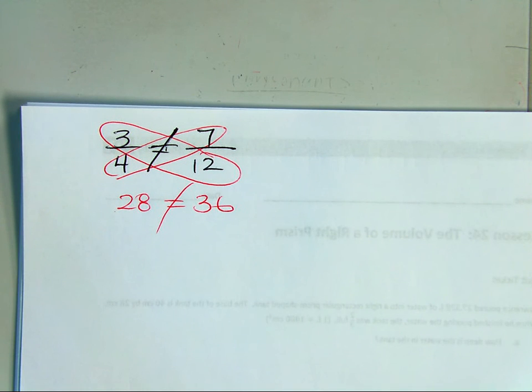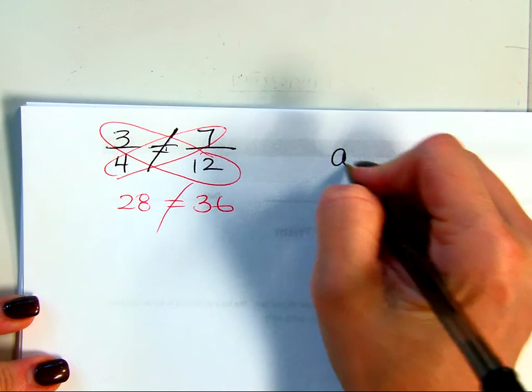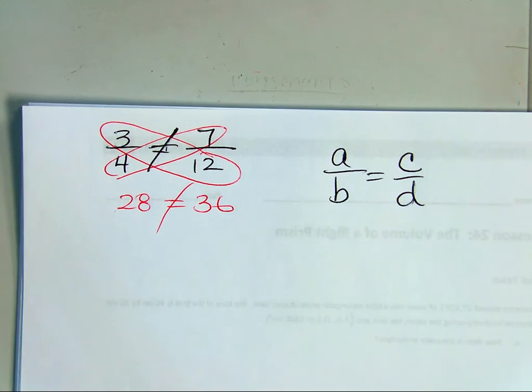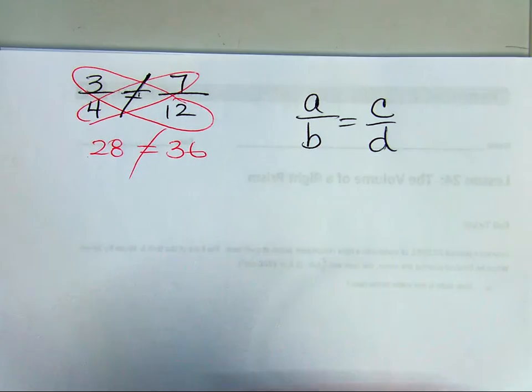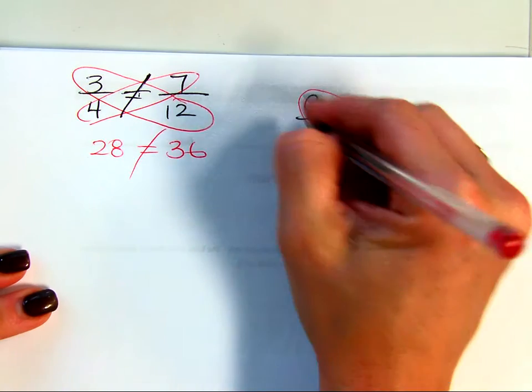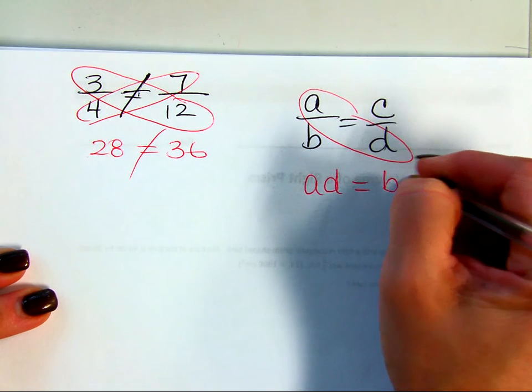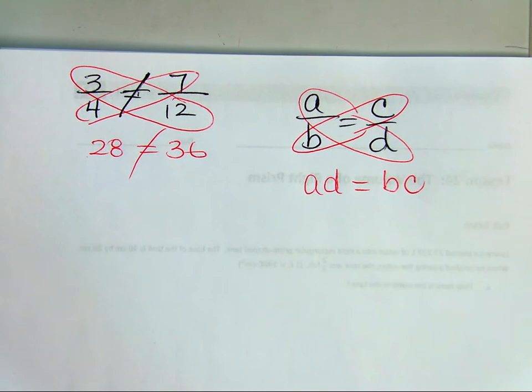So, here's what I want you to write right now, and then I'll get your questions, James. A over B is equal to C over D if and only if A times D equals B times C. Is that confusing or does that make sense?